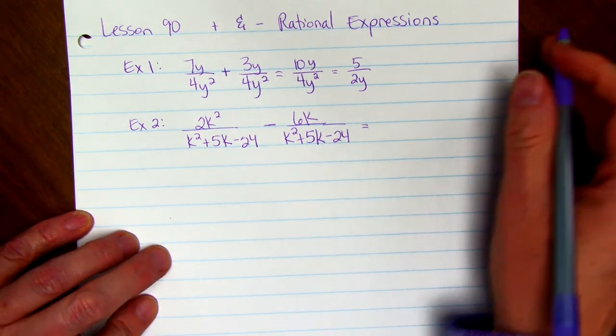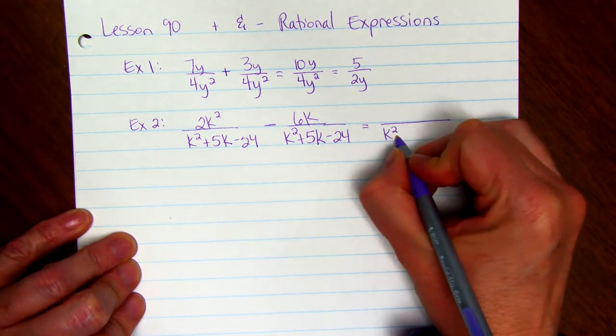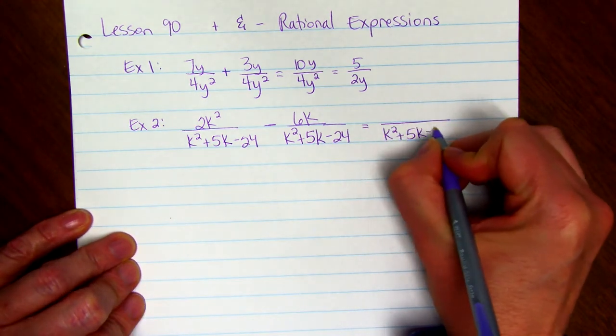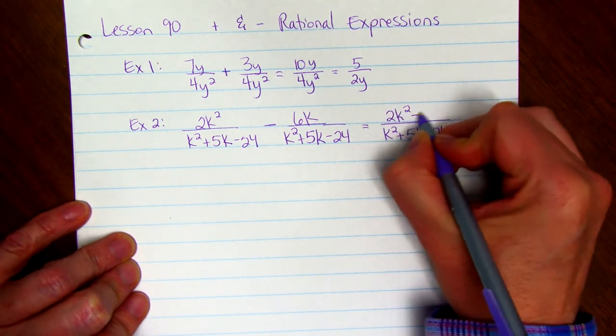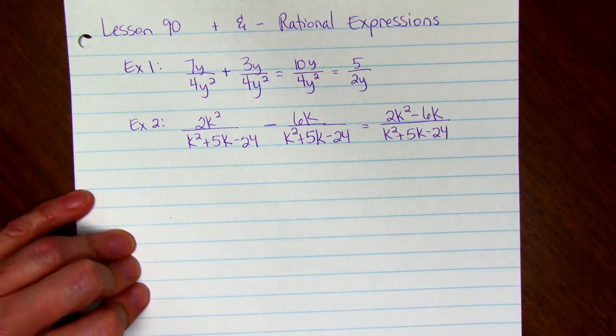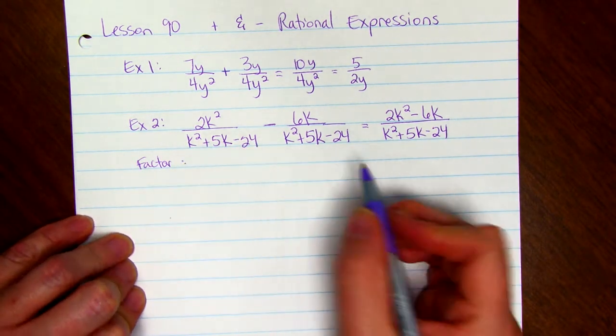So since the denominator is the same, we're going to go ahead and subtract, and we have 2k squared minus 6k. Now what we want to do is factor both the numerator and the denominator to see if we can cancel.